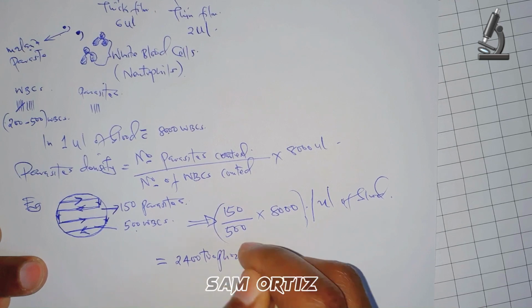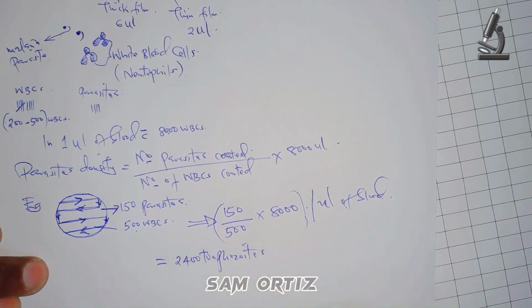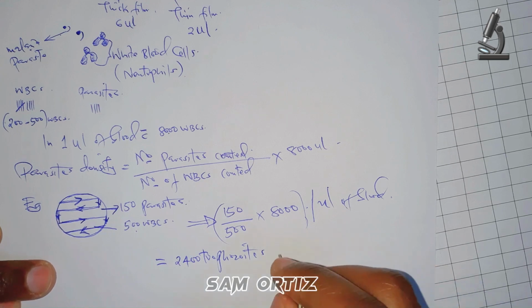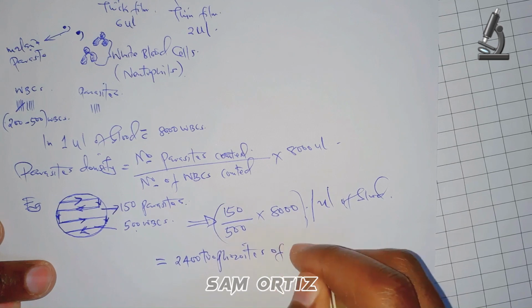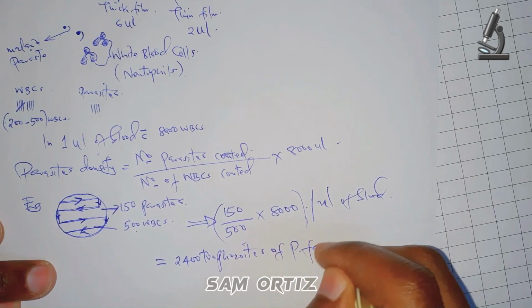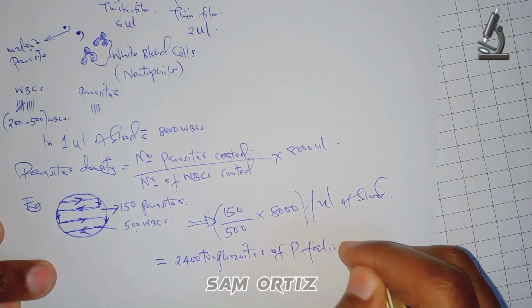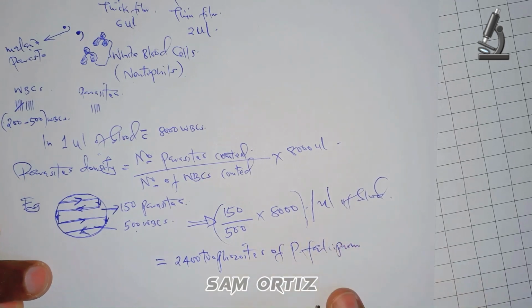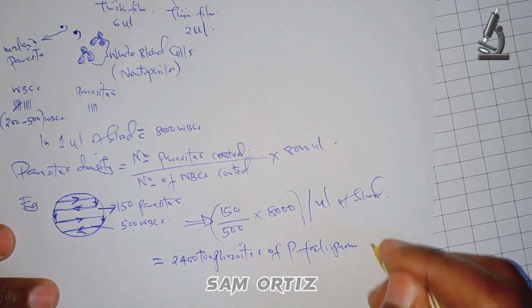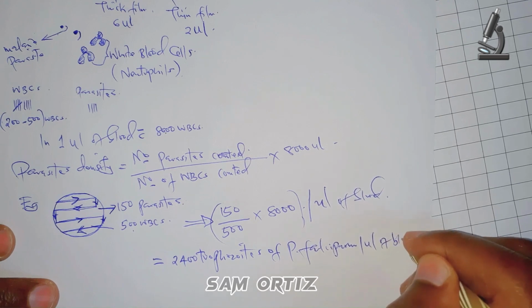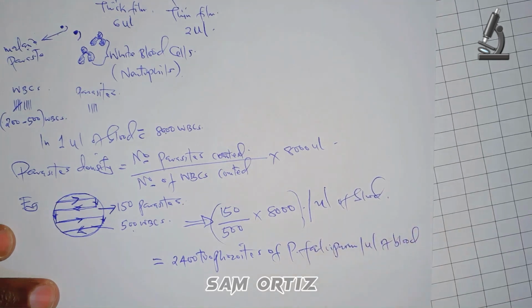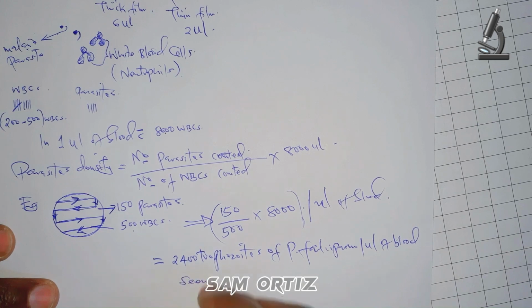With our good division method and multiplication, we'll arrive at 2,400 trophozoites of maybe Plasmodium falciparum or different species as per what you saw, and you report it as per microliter of blood. Remember we said 8,000 WBCs per microliter of blood.